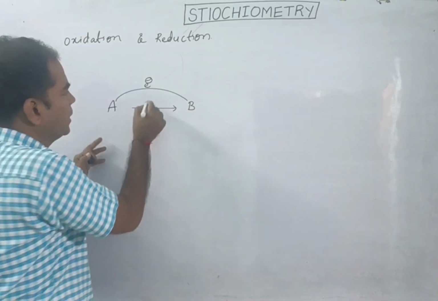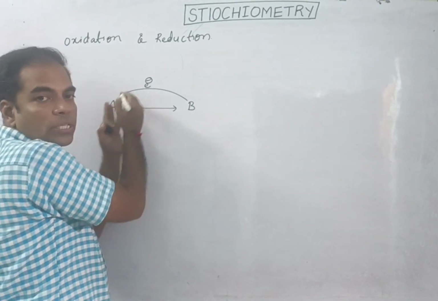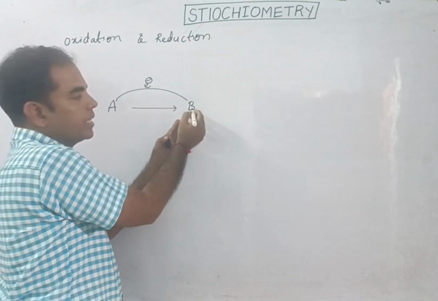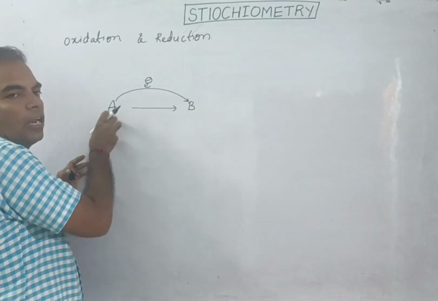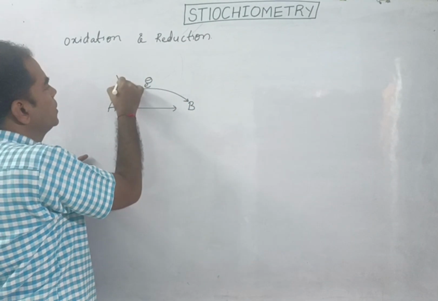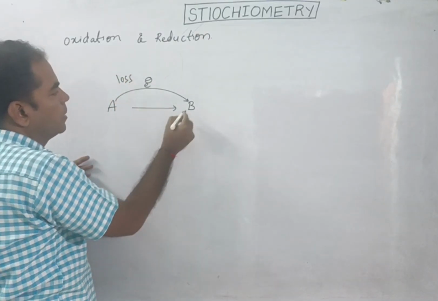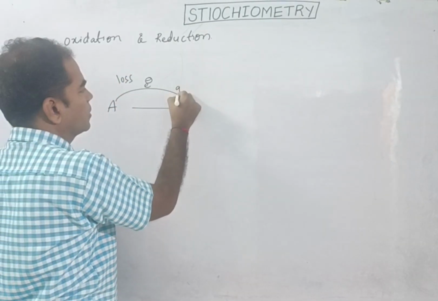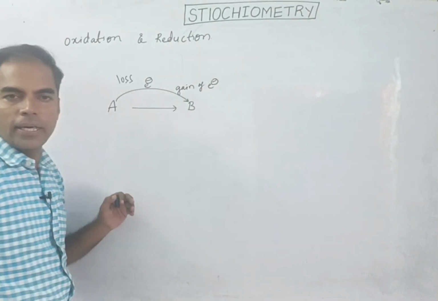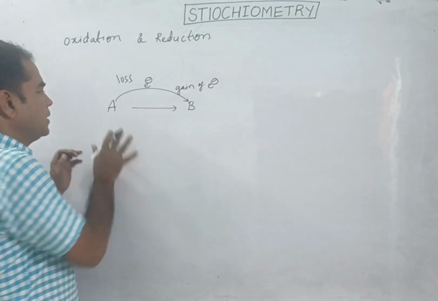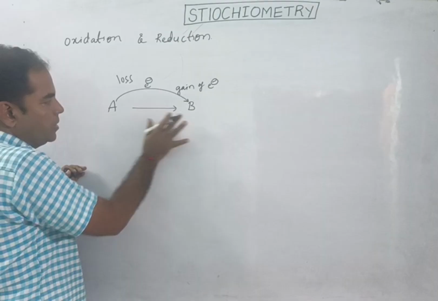Here A loses an electron, whereas B accepts the electron. That means A is loss of electron, B is gain of electron. A is a reactant, B is a product.